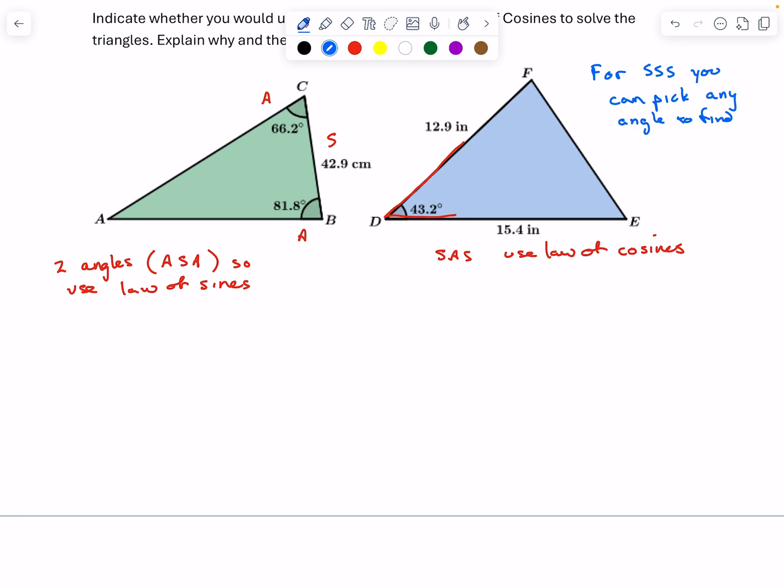And if you do have side, you can do law of cosines twice. Find the third angle by subtracting from 180. Okay, so law of sines, it says to actually solve it.